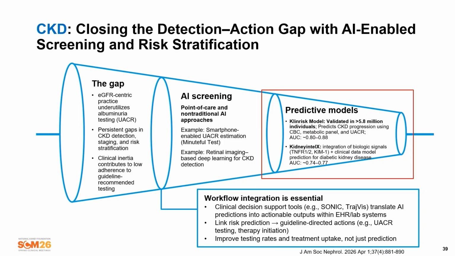integrate it. The prediction model, the KFRE risk model, is a chronic kidney disease progression model developed once again by Dr. Tangri, has been validated already, and is now in the process of integration. And you may hear about KidneyIntelX, the model that uses biomarkers, developed by the Mount Sinai group.